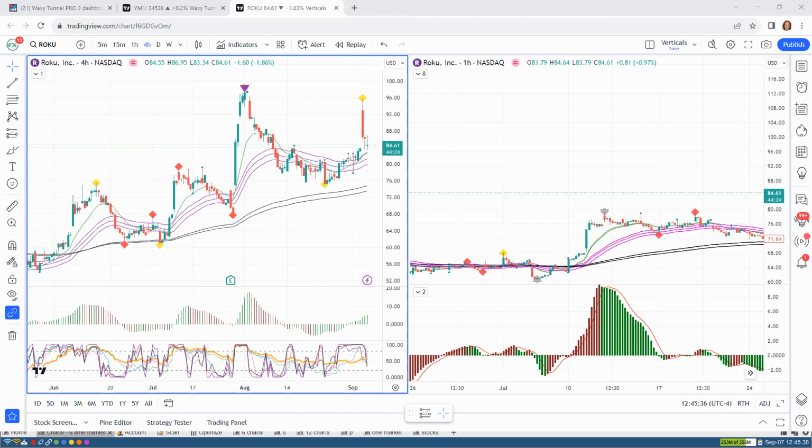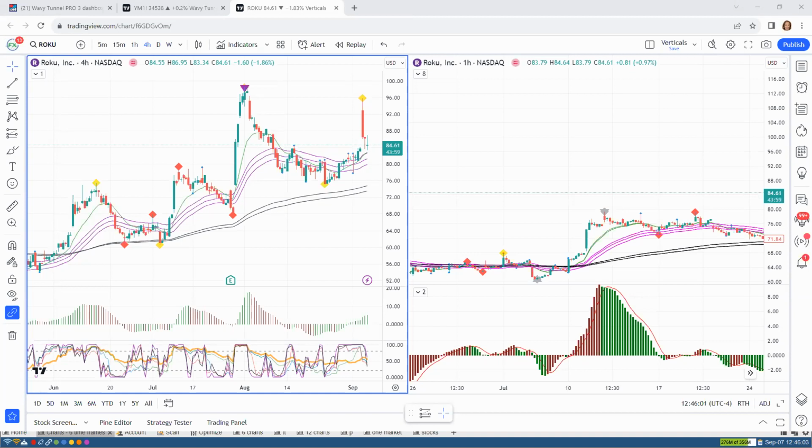Anything else? Chewy. See if Chewy has a buy signal. I want to trade down. Okay. Oh, there are a few other ones too.